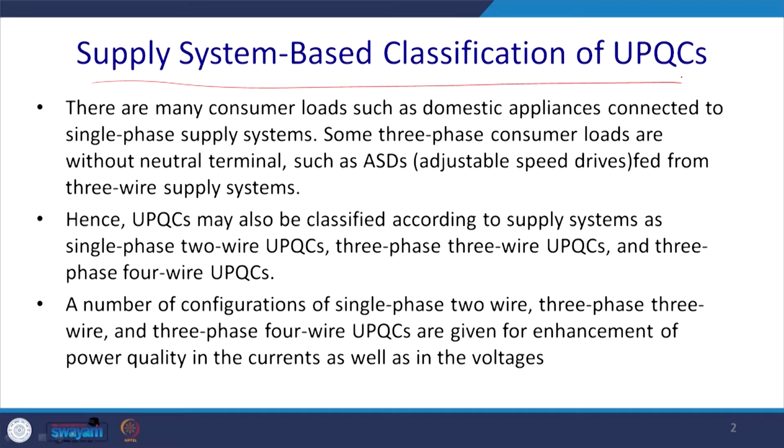There are many consumer loads, such as domestic appliances, connected to single phase systems. Some 3 phase consumer loads are without neutral terminal, such as adjustable speed drives from the 3 phase 3 wire systems.